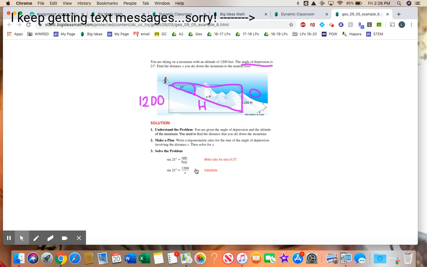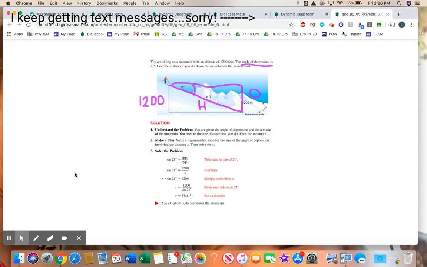This would be the one where you have to multiply both sides by x and then divide out the sine of 21. Or you could do that shortcut where you're essentially just switching x and sine of 21. Do that on a calculator, and in this case, again, round to the nearest foot, so 3,349 feet down the mountain.